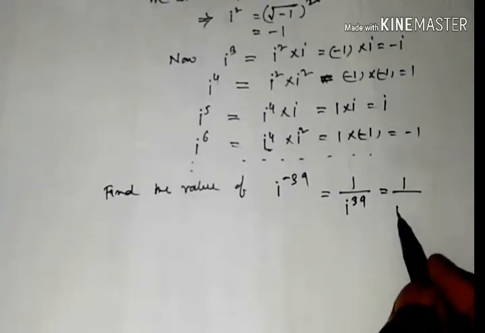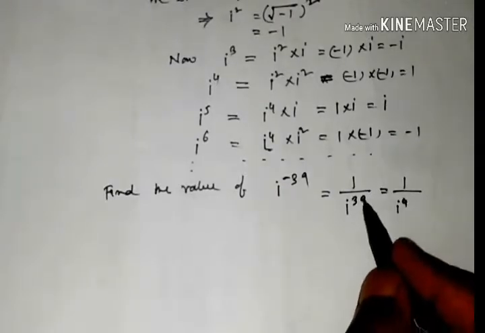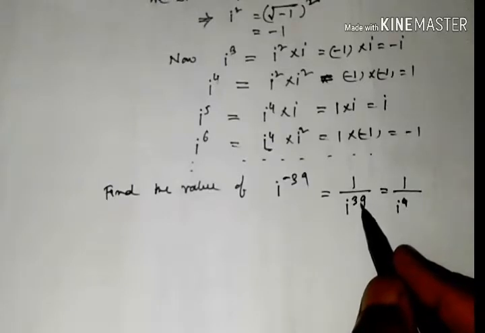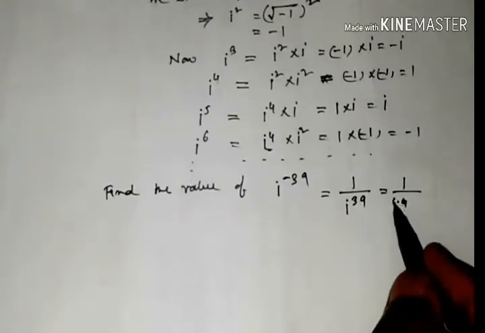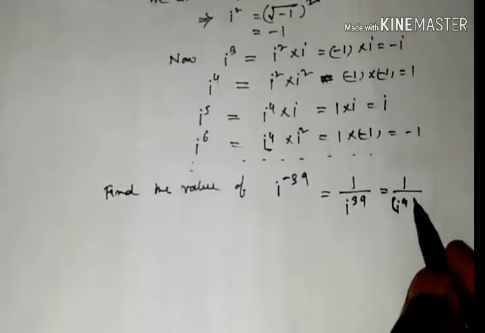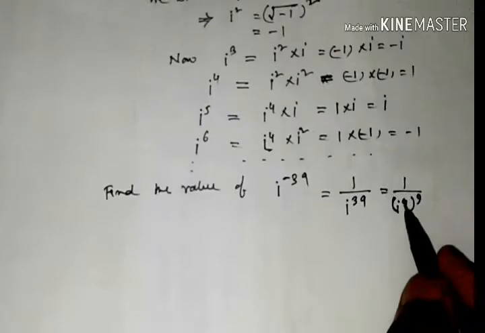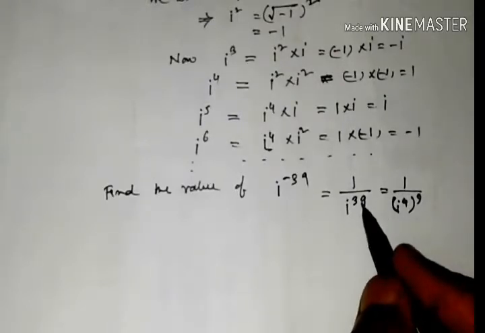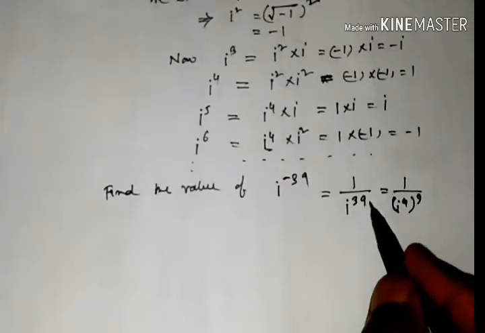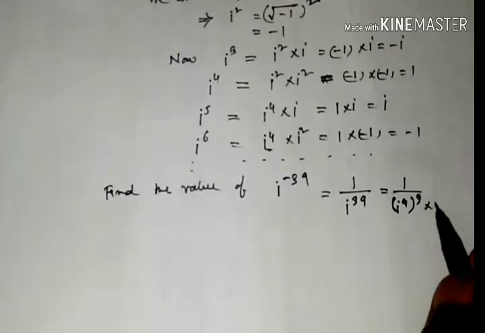Now we have to break it in terms of i to the power 4. I to the power 4, nine times, because 9 times 4 is 36. The remaining is 3. Therefore, it is i cube.